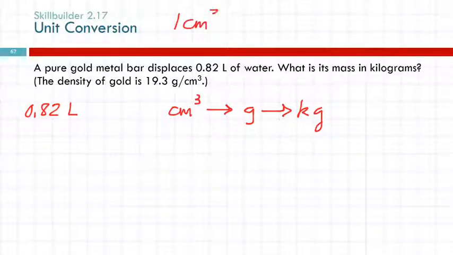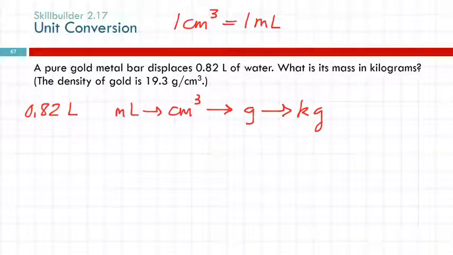1 cubic centimeter is the same as 1 milliliter. This is an often overlooked equality that I want you to remember. A cubic centimeter is exactly the same as a milliliter. They are two different names for the same volume. So converting from milliliters to cubic centimeters is a piece of cake.